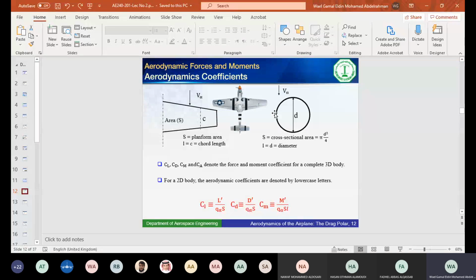When you are talking about a moving sphere, for example, in air, the area that we have is the cross-sectional area, what we call the projected area. The characteristic length, you see this L here, when you're talking about a wing, what is the characteristic length in the case of a wing? Airfoil?